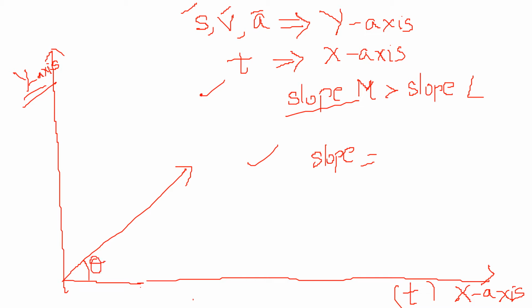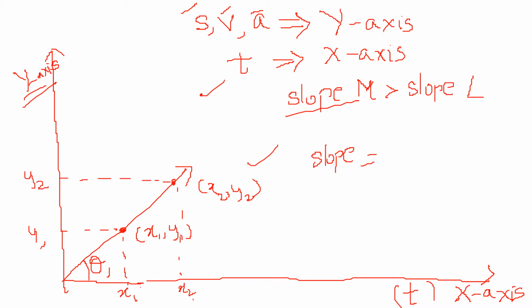This is some angle theta 1. As I said, you consider any 2 points on this line. Let the coordinates be x1, y1 and x2, y2 for this point. This is x1, this is x2, and these are y1 and y2, right?